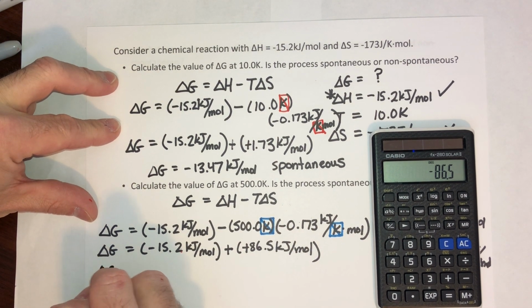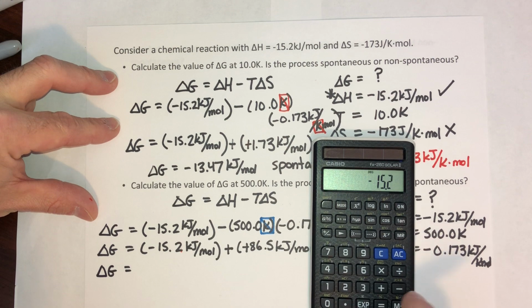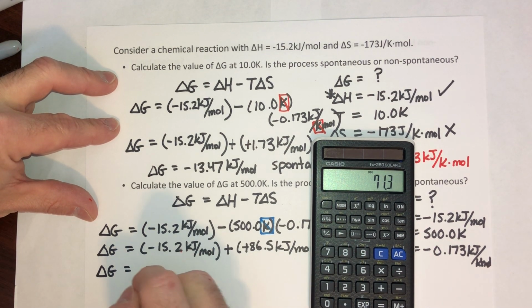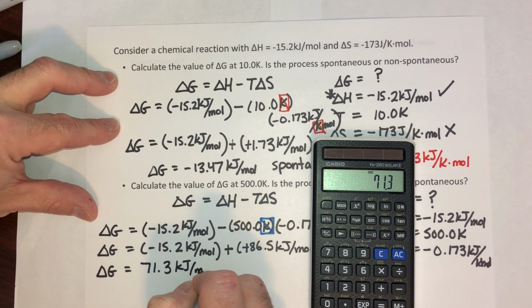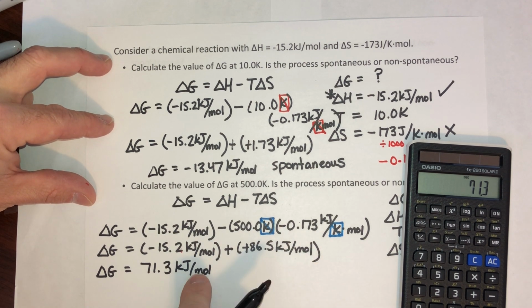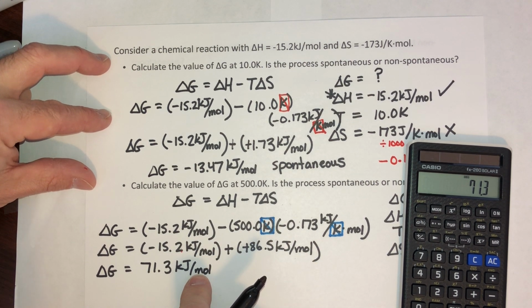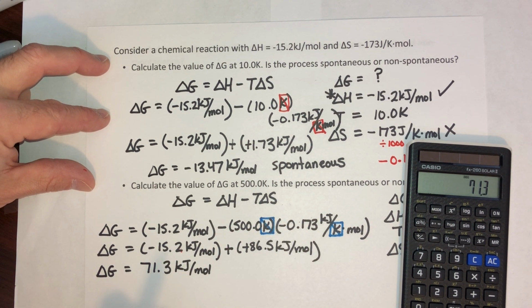So if we do put them together, I've got a negative 15.2. I'm going to add on a positive 86.5, and I'm going to get 71.3 kilojoules per mole. Right? If this is kilojoules per mole, this is kilojoules per mole, this is kilojoules per mole. The only time you ever get canceling is when they're multiplying, not when they're adding.